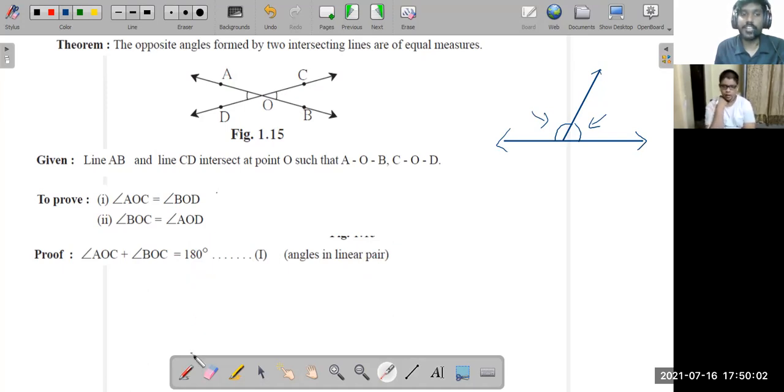Okay. Can you see another angle in a linear pair here? Which are there? AOD and BOD.